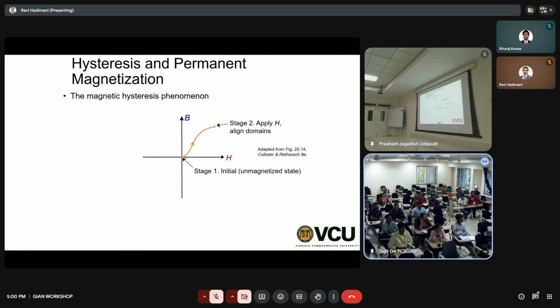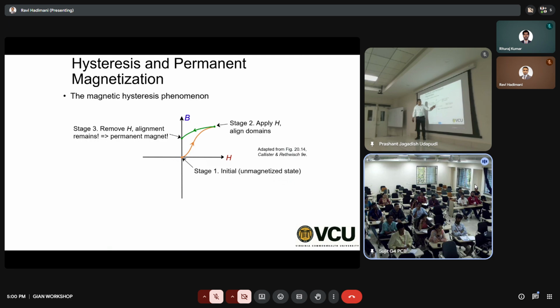That is the hallmark of ferromagnetic materials. Now, if you remove the magnetic field, the magnetization doesn't come back to zero. It comes back to a certain value.